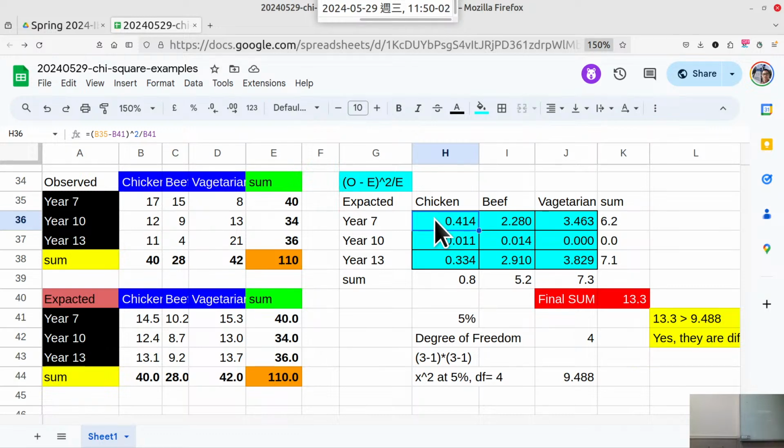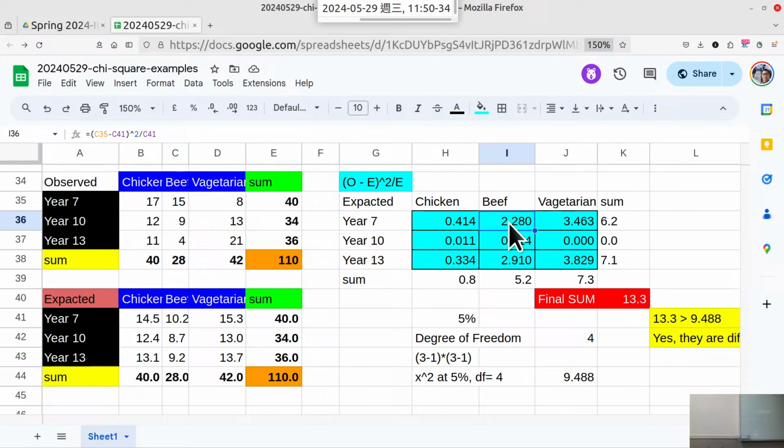The beef one, click here. Beef, this location is, what is the observation? Beef year of 7. The observation is beef year of 7. That is 15. So when I click here, you can see C35, that's here.